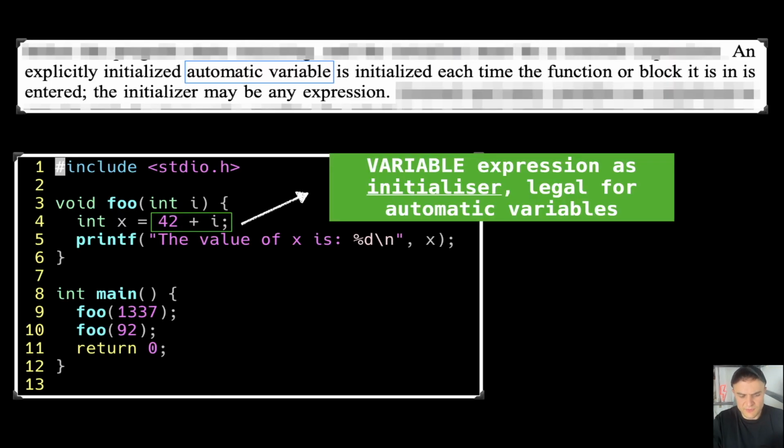Anyway, let's go on. So now we have this little sentence: an explicitly initialized automatic variable is initialized each time the function or block it is in is entered. The initializer must be an expression. Now you understand what the initializer is. The initializer is the value given to the variable when it is declared.